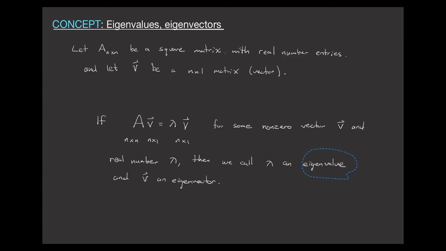So we have an eigenvalue, that would be lambda, and then V is the eigenvector.